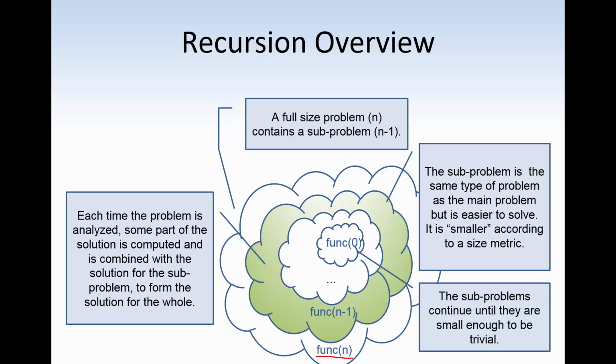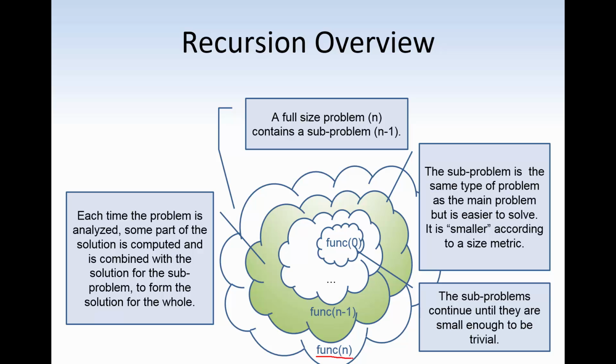Because this is recursion, that full-size problem contains a subproblem, or, to be technical, the n minus one size problem. It's a problem that looks the same as the bigger problem, but slightly smaller or simpler to solve.